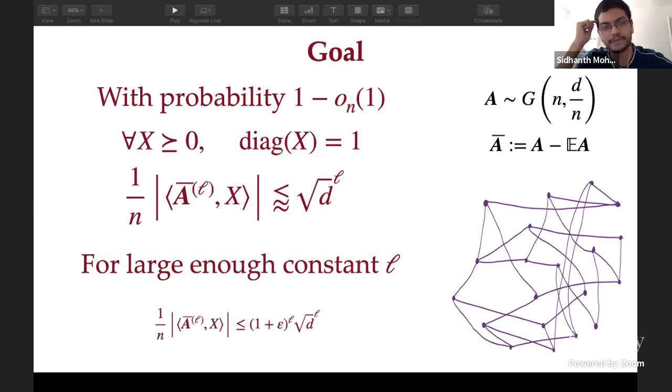Our goal is to show that if X is any positive semi-definite matrix with ones on the diagonal, then with high probability, the value of the Lth non-backtracking power of the centered adjacency matrix, dot product with X, is at most the square root of d to the L. Strictly speaking, we're going to show it's at most (1 plus epsilon) to the L times square root d to the L, for large enough constant L where L depends on epsilon. But from now on, I'm just going to use less than approximately equal to hide this (1 plus epsilon) to the L.